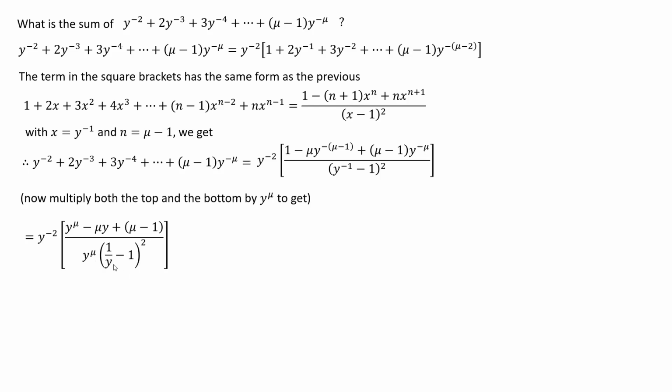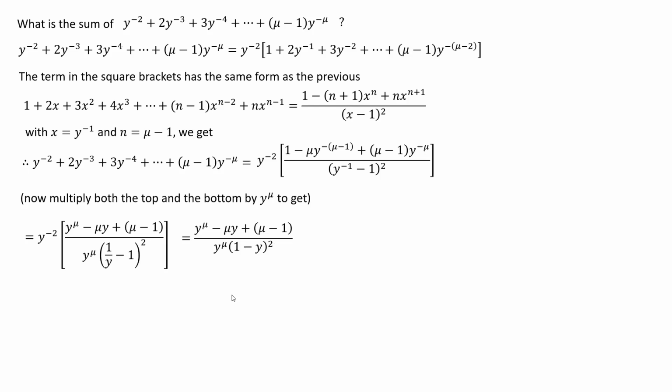So 1 minus y, the quantity squared, because this is being squared, over y squared becomes times positive y squared, 1 over y squared becomes y squared, and that y squared times this y to the negative 2 is just 1. So that's why this simplifies to y to the mu minus mu y plus mu minus 1 over y to the mu times 1 minus y, that quantity, 1 minus y squared.